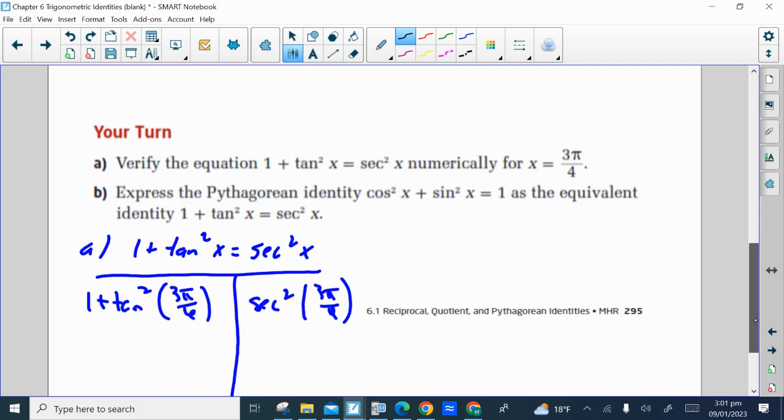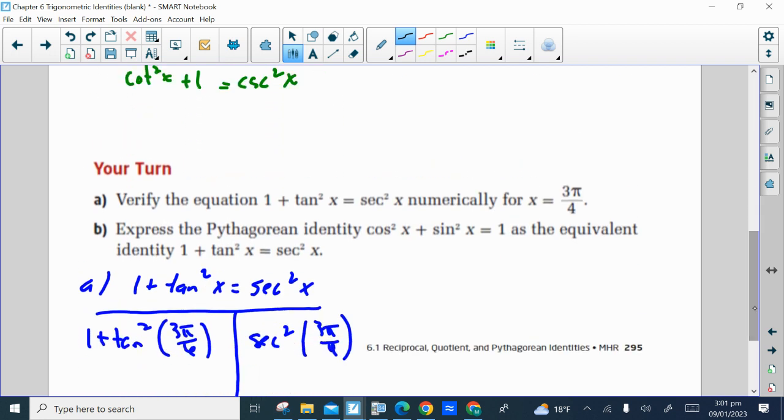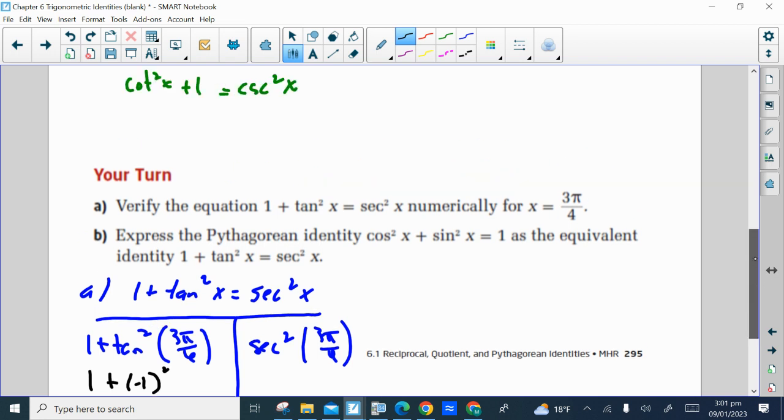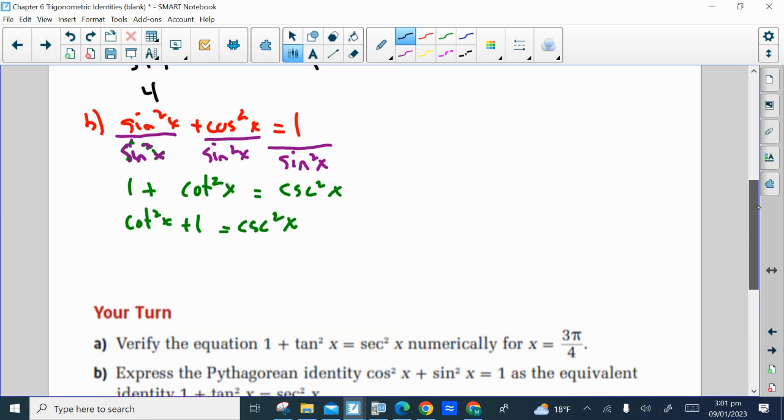So tangent of 3 pi on 4 is negative 1. So this will be 1 plus negative 1, that is then squared, because tan squared 3 pi on 4 means the tan of 3 pi on 4 squared. Negative 1 all squared is positive 1, plus 1 is 2. On the right side, we have the secant of 3 pi on 4, which is the reciprocal of cosine.